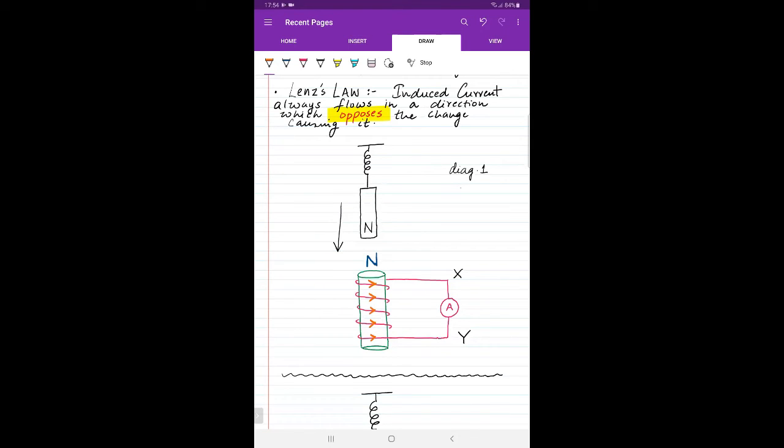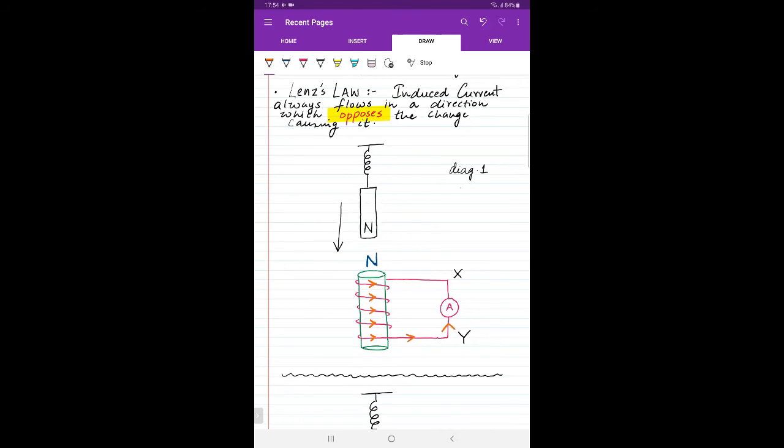So जरा थोड़े से लोग ओके कर दोगे कि you guys are so far so good with me कि यार वो एरो मैंने मार्क कर दिया है based on the right hand grip rule. So then I can extend the arrows and I can continue with the explanation of Lenz's law. ठीक है ना? Perfect. So let me just extend these arrows.